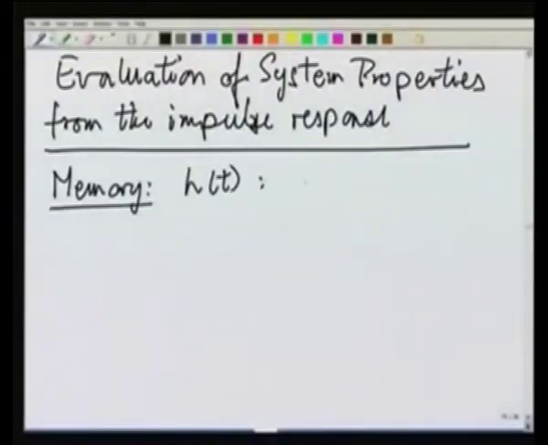In short, y(t minus t_0) should depend only on x(t minus t_0). Now, in such a case, what do we find as a property in the impulse response? We will find that the impulse response h(t) has to be of the form k times delta(t) for a memoryless system.